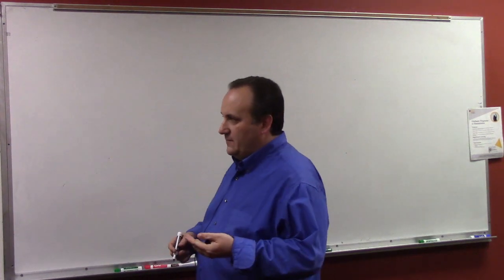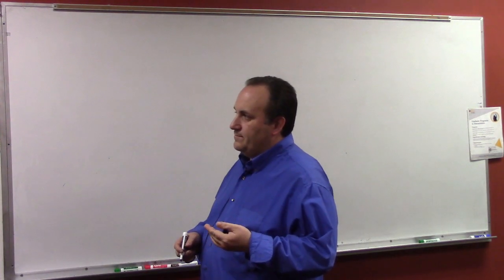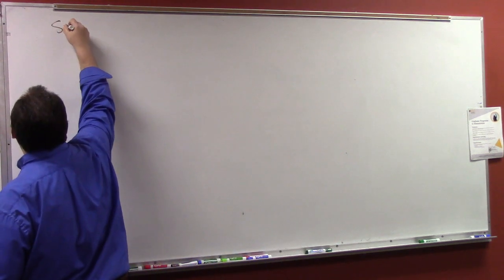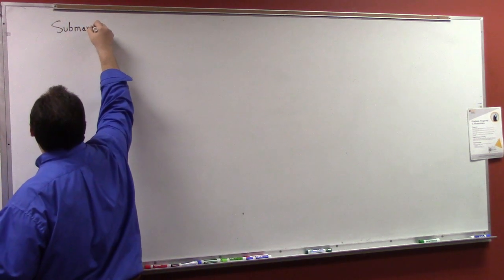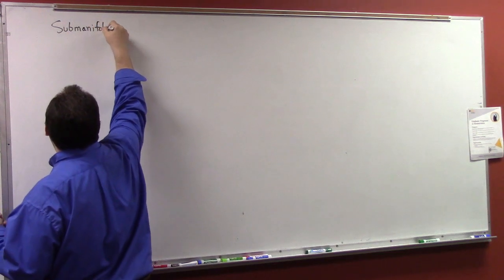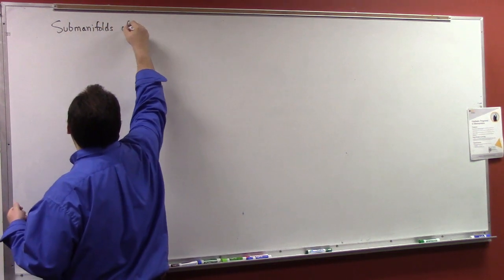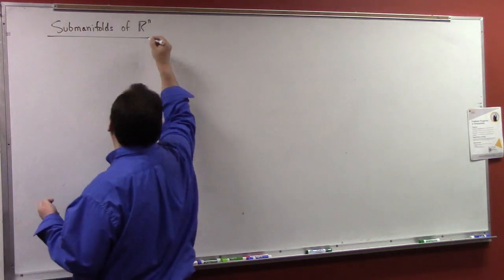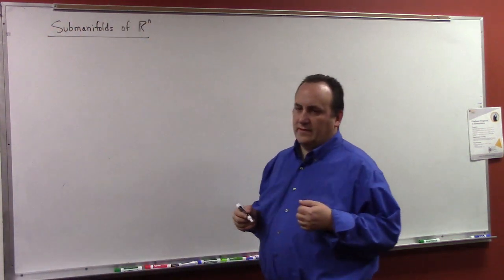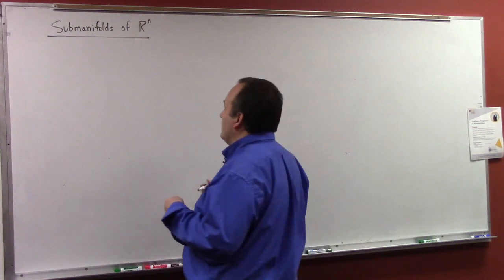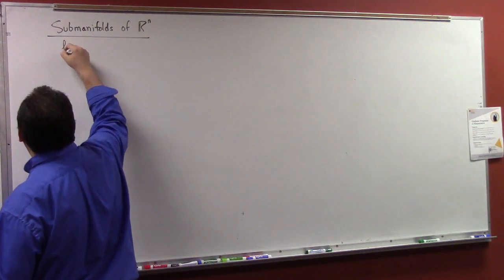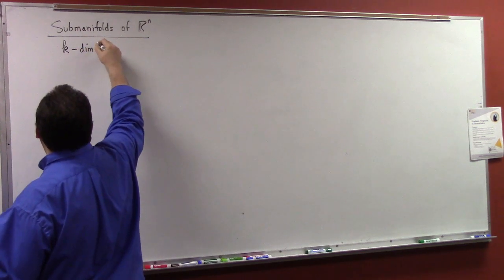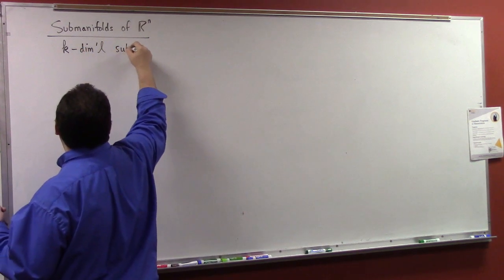So I want to talk about submanifolds of Rn. We might call it a k-fold or something, a k-dimensional subspace, right?